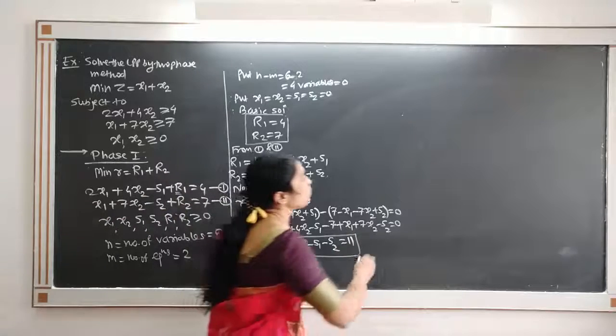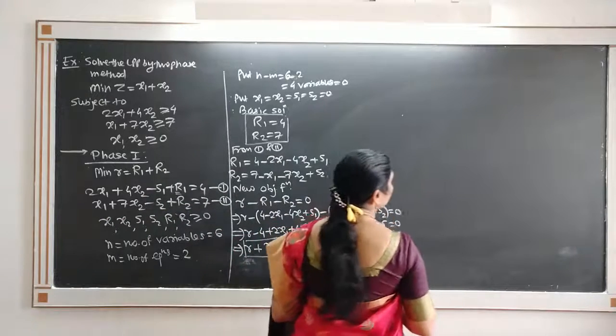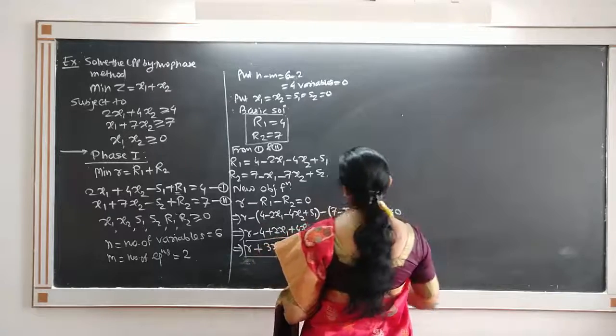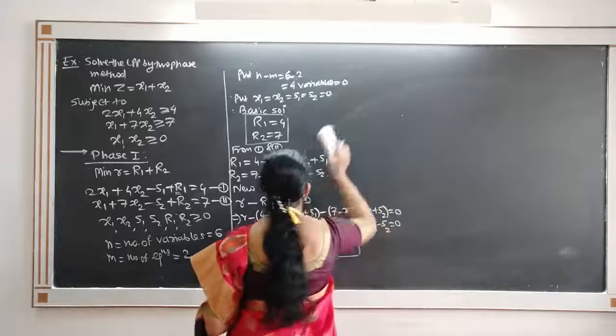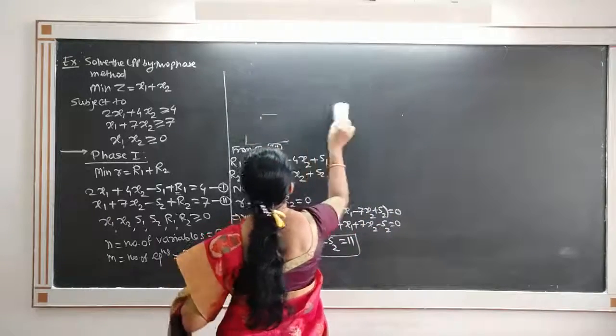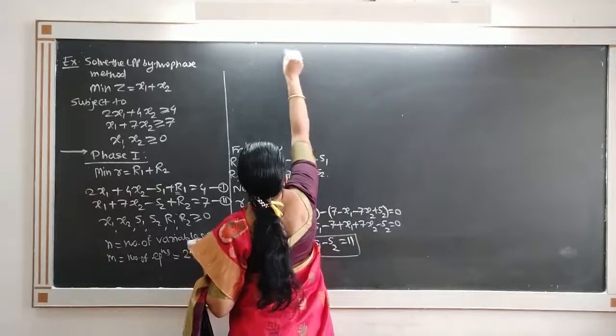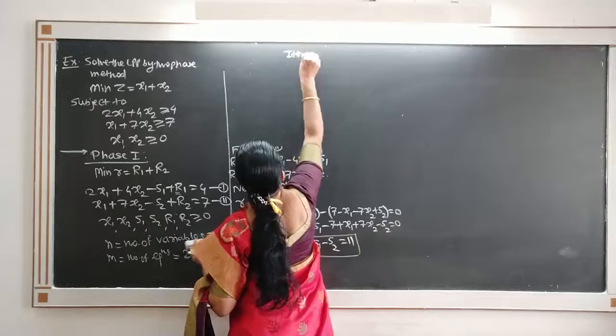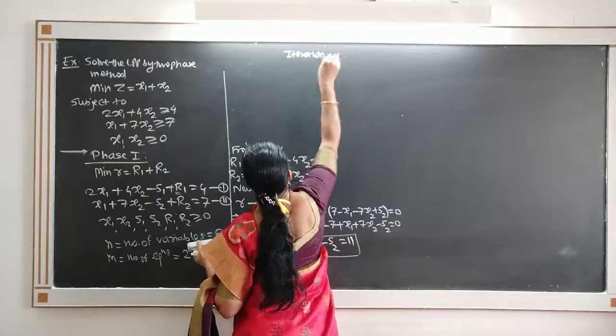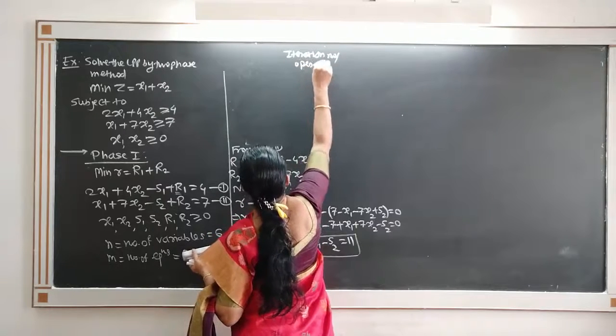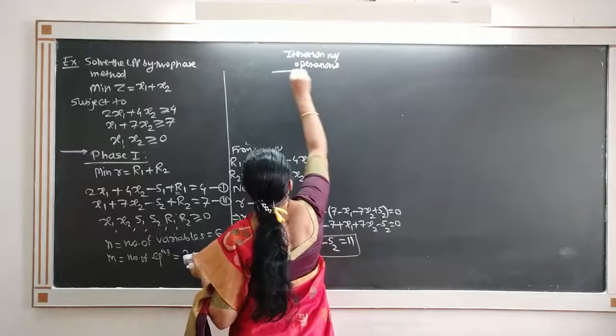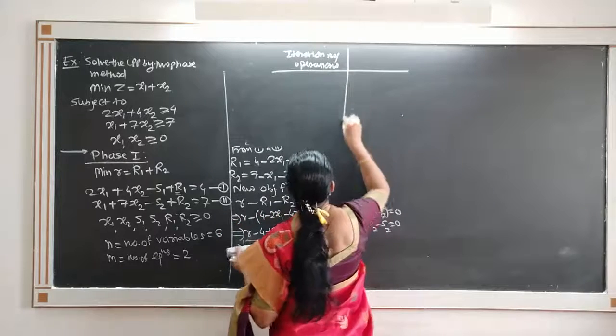Once we get our new objective function, we will consider the simplex table. The first column is iteration number and operations. The second column is basic variables.